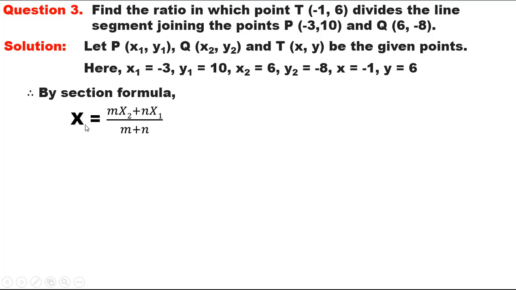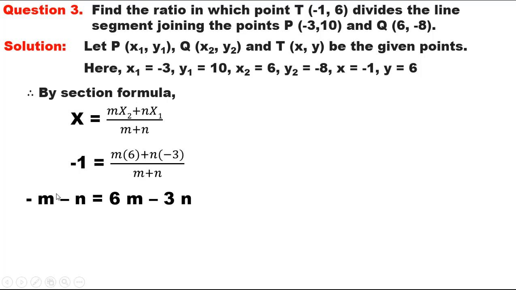By the section formula, x is equal to m of x2 plus n of x1 divided by m plus n. Minus 1 is equal to m of 6 plus n of minus 3 divided by m plus n. Minus m minus n is equal to 6m minus thrice n.